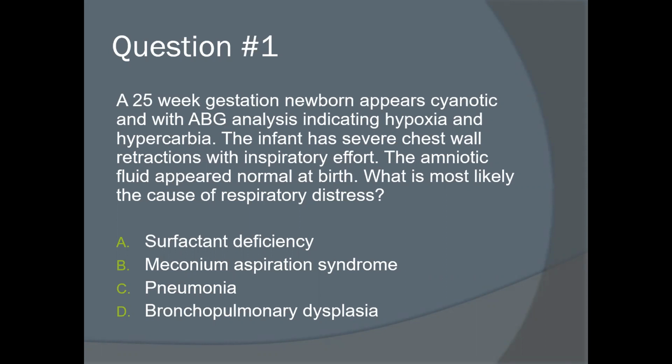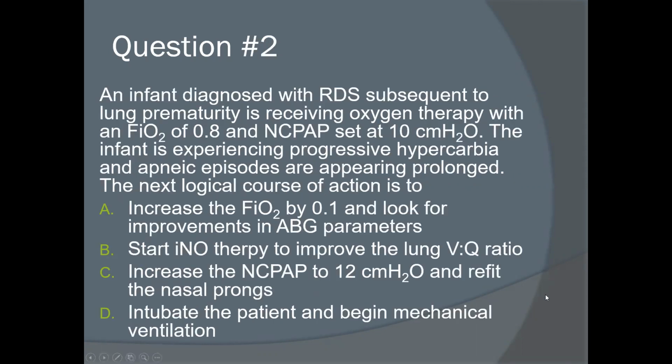So 25 weeks is extremely premature. And then you see chest wall retractions. You know that the alveoli are collapsing and it's making it harder for them to breathe. An infant diagnosed with RDS subsequent to lung prematurity is receiving oxygen therapy with an FiO2 of 0.8.